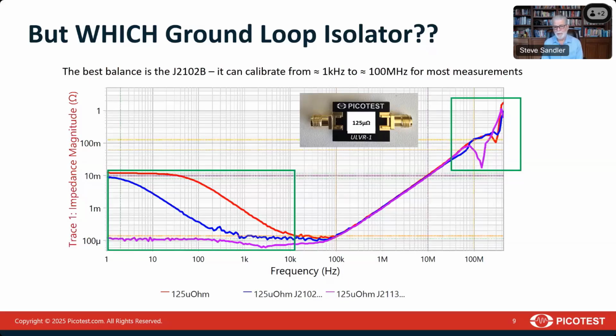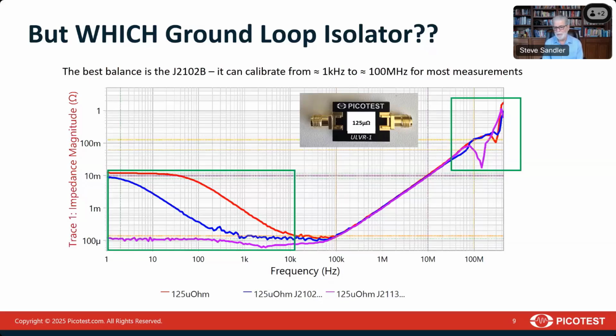We do need to add the ground loop isolator, but which ground loop isolator do we need to add? And this depends on a number of factors. One is how low is the impedance that you're trying to measure at low frequency? How big is the ground loop error? And how high in frequency do we need to measure? So here I'm just showing a few different isolators.